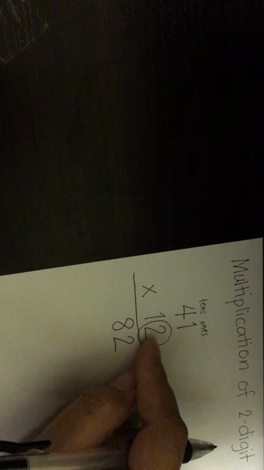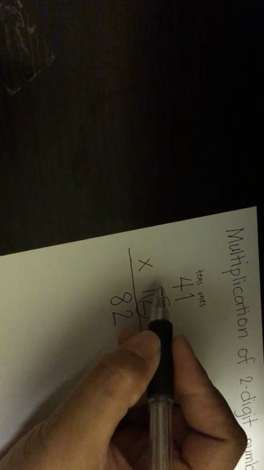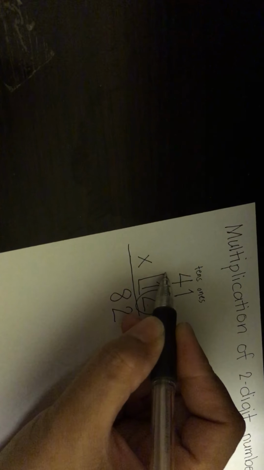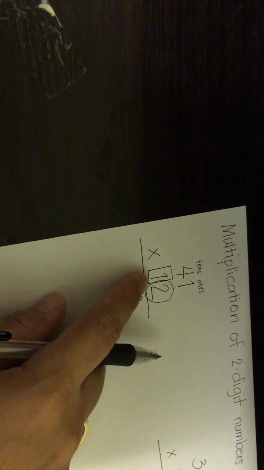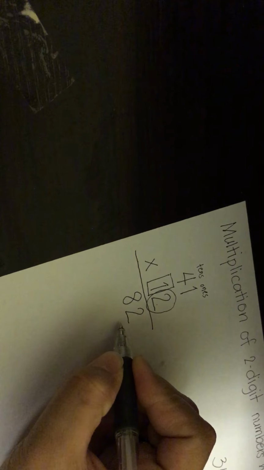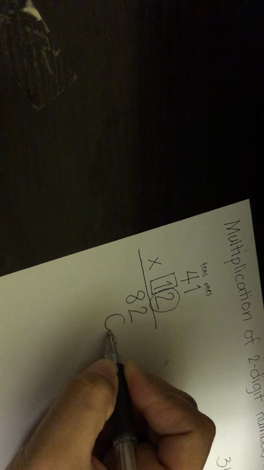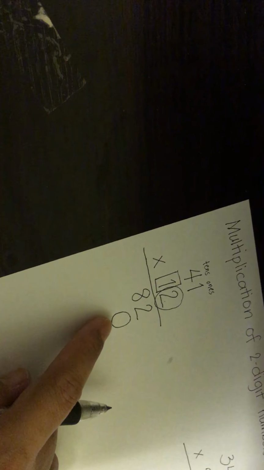Okay, we're done multiplying 41 by 2. Now let's move on to the tens, which is 1. Before we multiply by the tens, we put a place value holder, 0, in the ones place.